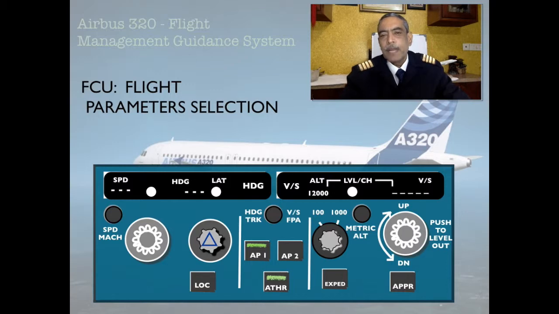And further right is another push button, the approach. This is used to fly the ILS in total, including the localizer and the glide slope. So these are the other push selections which can be selected by the captain or the first officer.